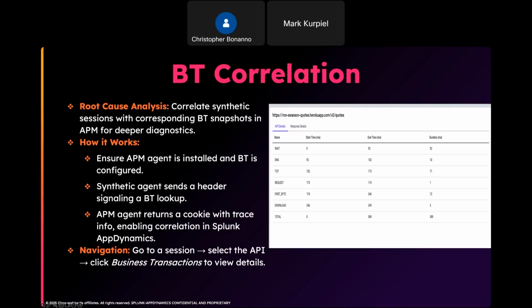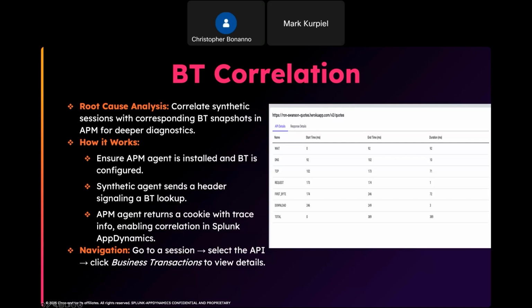All you have to do is ensure that your APM agent is installed and your BTs are configured correctly. Then the API synthetic agent will send a special header to signal a BT lookup. And then your APM agent will respond with a cookie containing your trace info for that specific APM snapshot, which enables the deep correlation in AppDynamics.